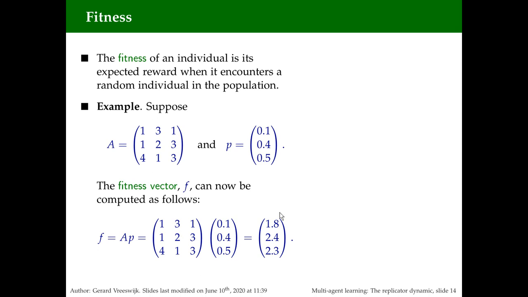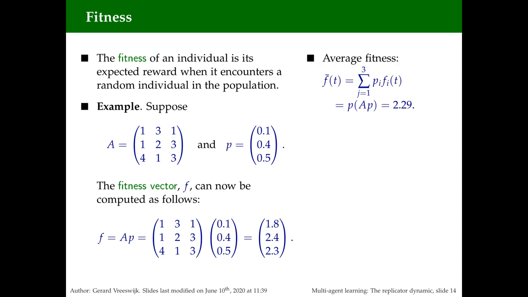So the first element of the result vector is the first row times this vector here, and the second element is the second row of the matrix times the vector, and so on. The third component of the result vector is the third row times this vector.